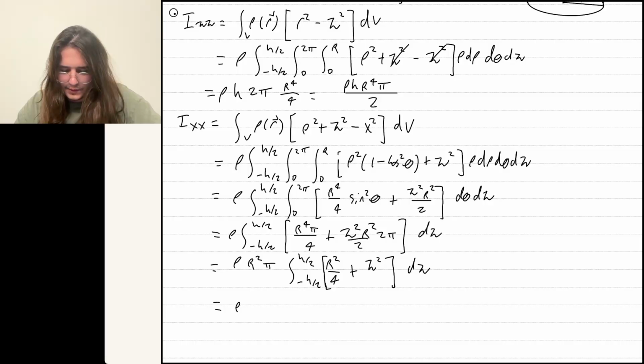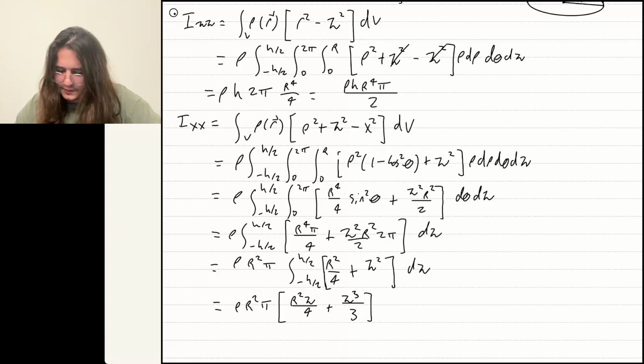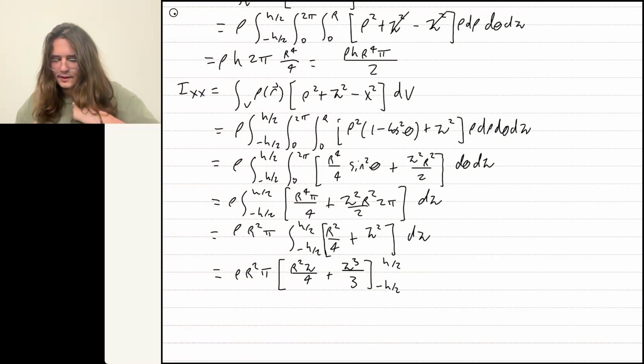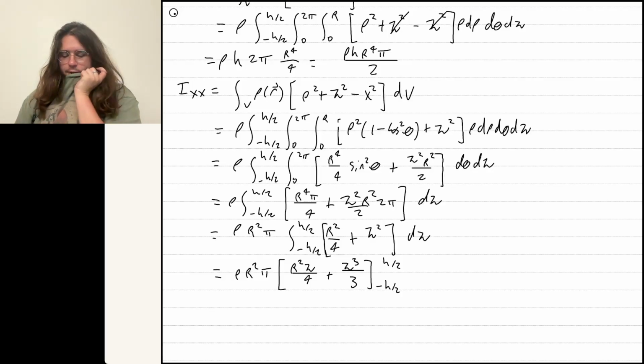That we integrate over z. So we're going to get rho r squared pi. Just integrating over z now, it's going to be r squared z over 4 plus z squared, or z cubed actually, over 3. Right? That we integrate from minus h over 2 to h over 2. Sure.